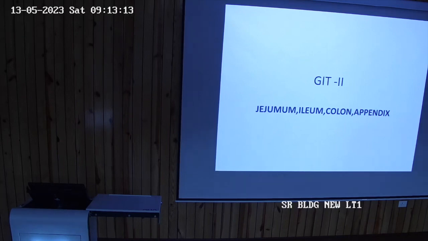As in previous classes, we had talked about the stomach, esophagus, duodenum, the small intestine, which begins from the duodenum and continues up to the cecum, where it terminates at the ileocecal valve.